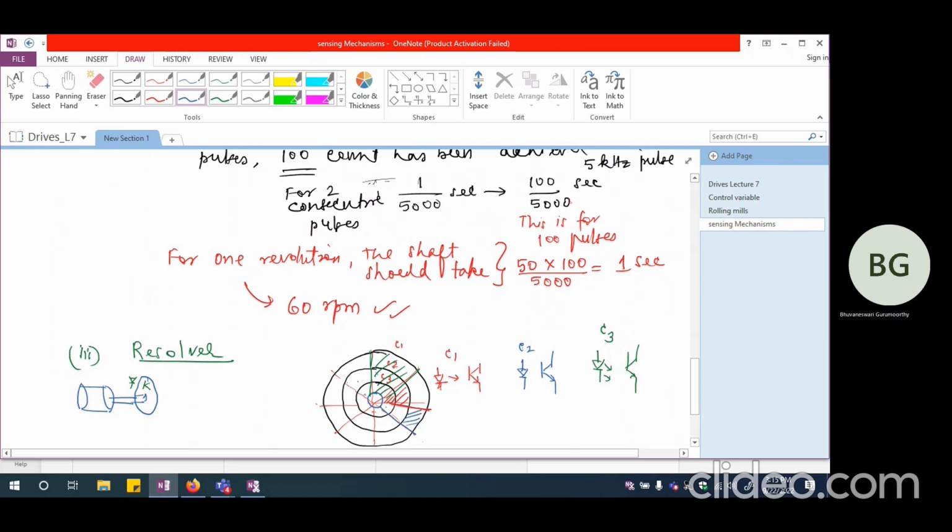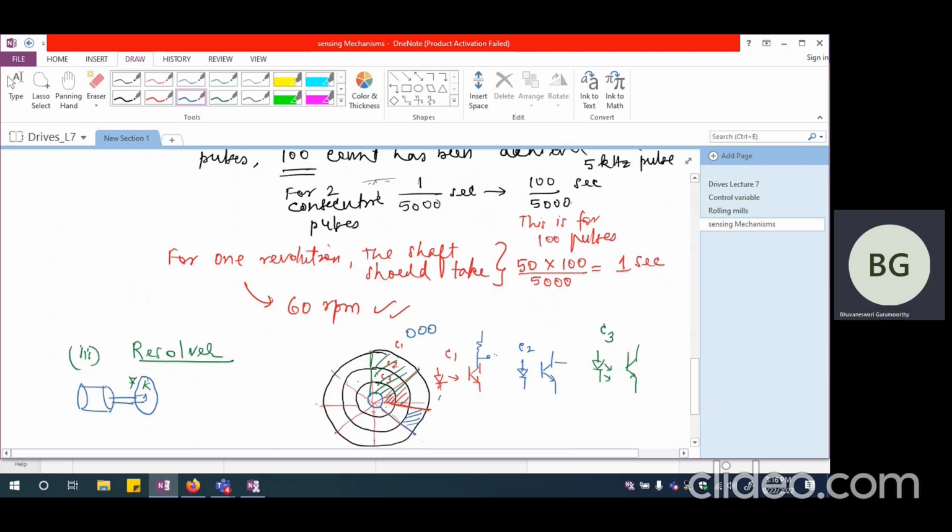If I am looking at this particular position of the shaft, I will have the phototransistors giving me output as 0, 0, 0, because all three of them will allow the passage of light from the LED onto the phototransistor's base. So this will correspond to 0, 0, 0.